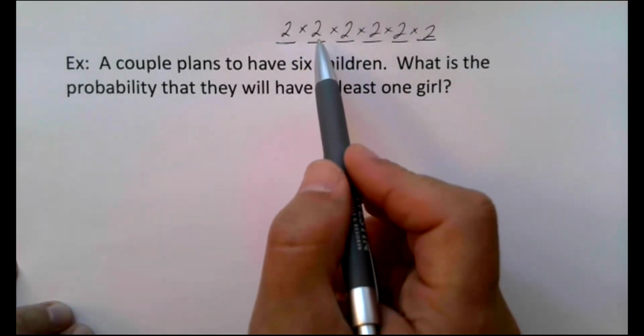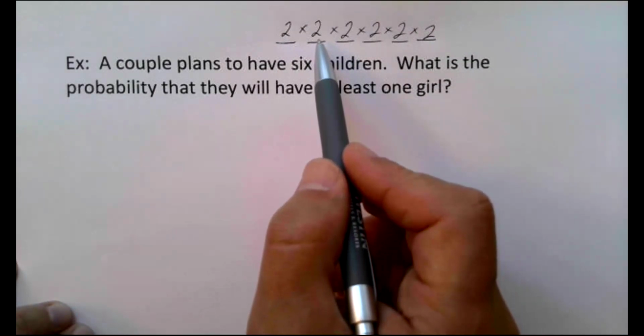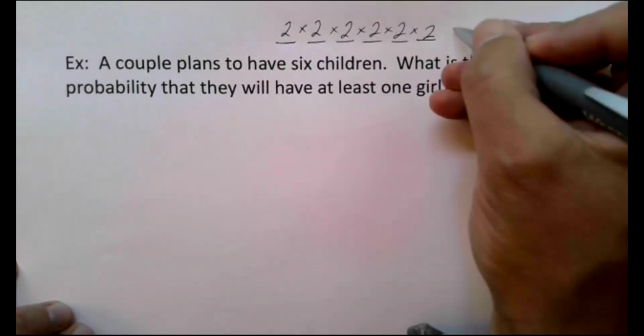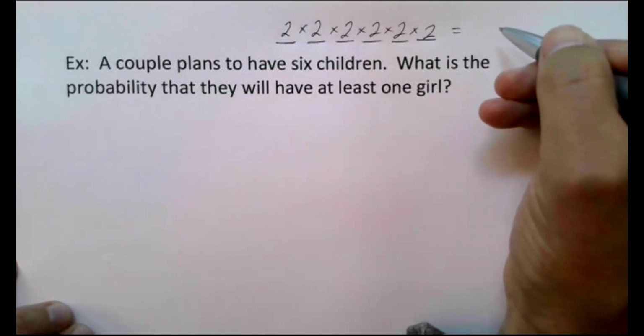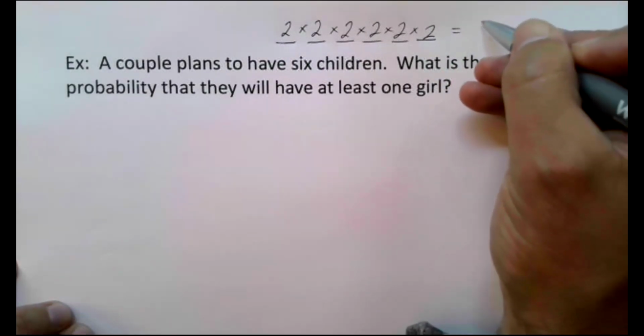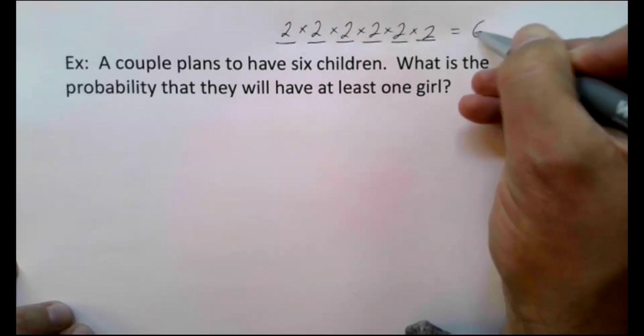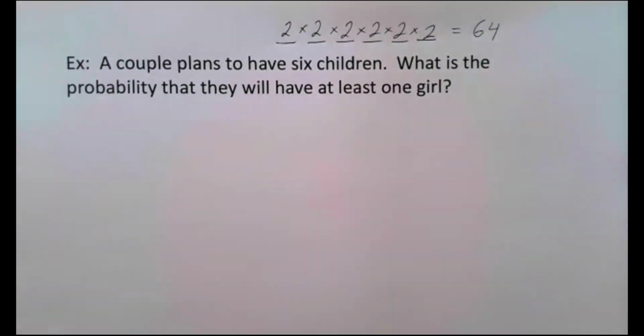There are 2 possibilities for the second kid, and so on for all 6. But 2 times 2 times 2 times 2 times 2 times 2, right? 2 to the 6th power happens to be 64. The significance of that is that my sample space would have 64 elements in it.